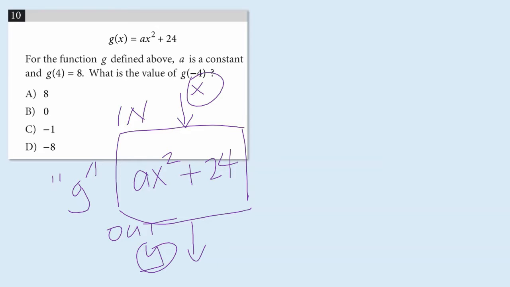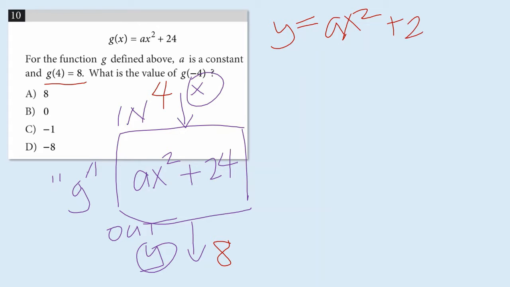Now, they're telling us that g of 4 equals 8. What that means is when 4 goes in and the machine does its thing, 8 comes out. All right? So again, we can think of this as y equals ax squared plus 24.